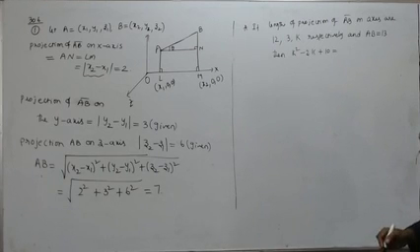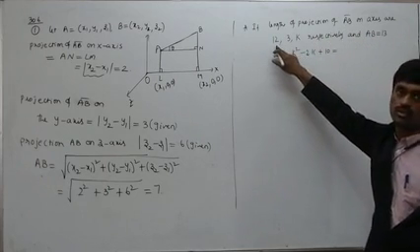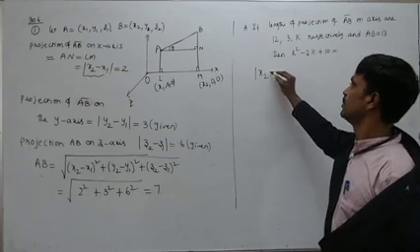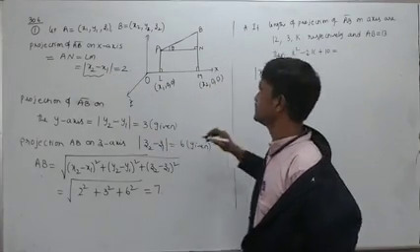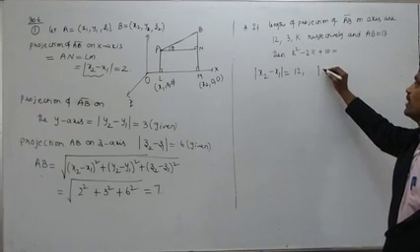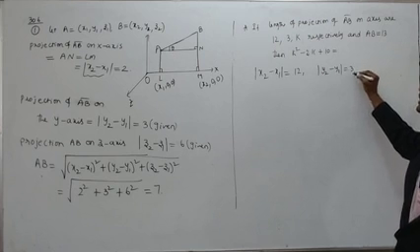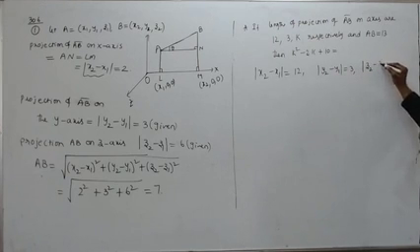Okay. So projection of AB on x-axis is given what? 12. So what is the projection of AB on x-axis? Modulus of x2 minus x1 only, na? From this problem we proved already. So this value is given 12. And projection of AB on y-axis, that is modulus of y2 minus y1 is equal to 3. And projection of AB on z-axis, that is modulus of z2 minus z1 value is how much? k.